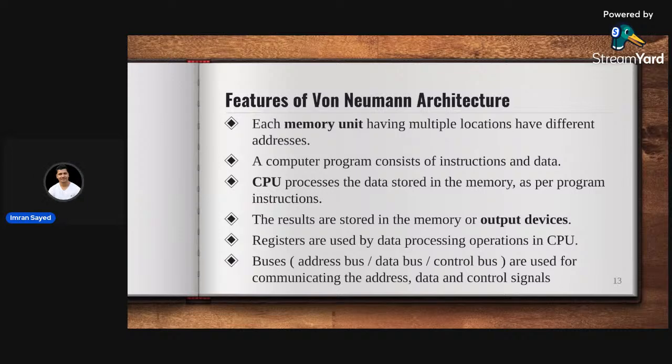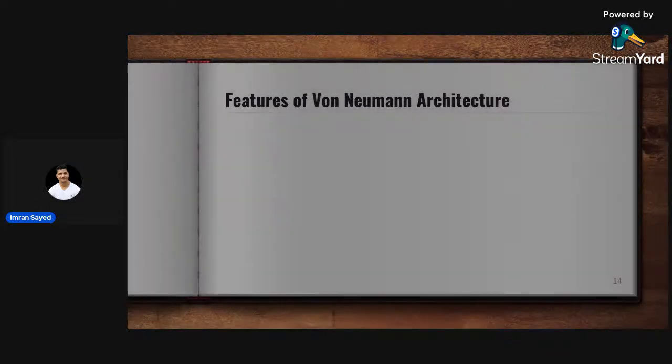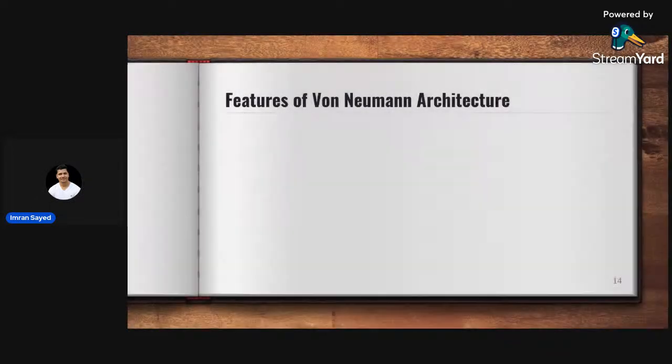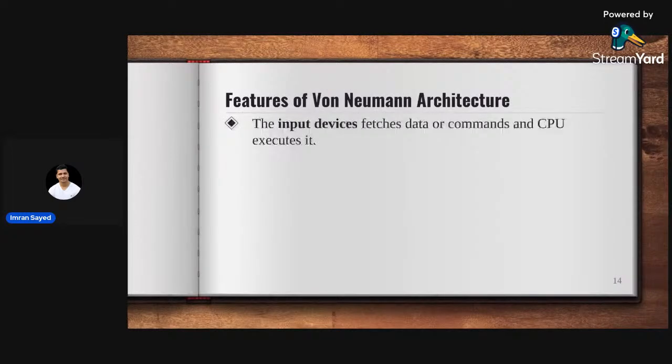There is a requirement of buses, which are used for communicating the address, data, and control signals. So these are some of the features of the von Neumann architecture. Apart from that, the input devices fetch data or commands and the CPU executes them. When the task is complete, the result is stored in the output devices.